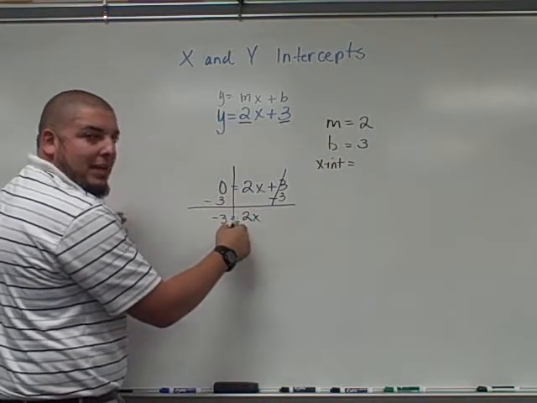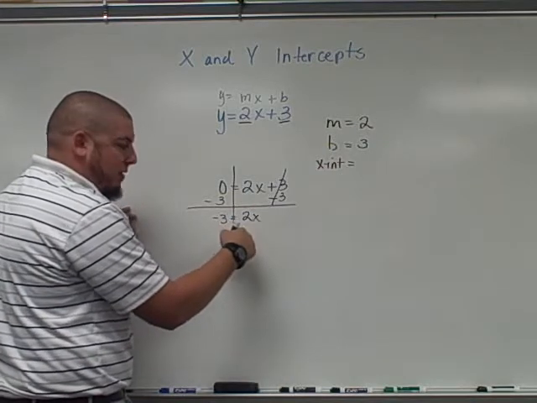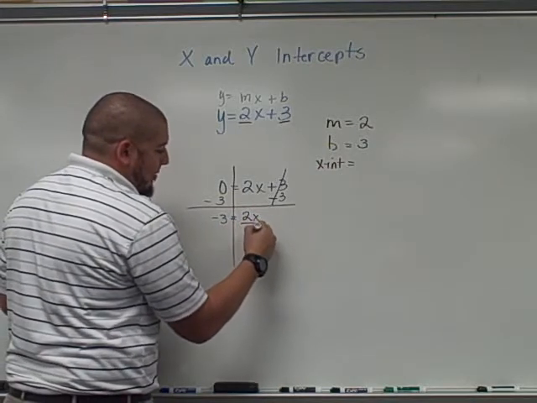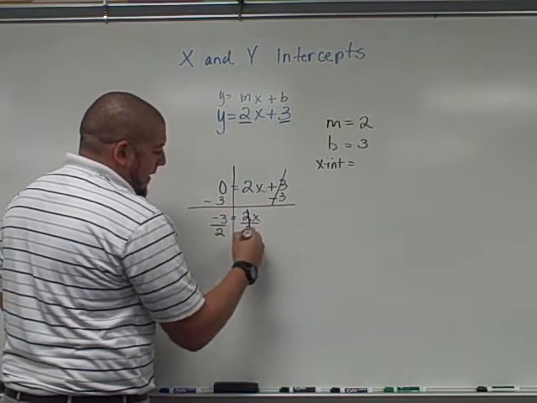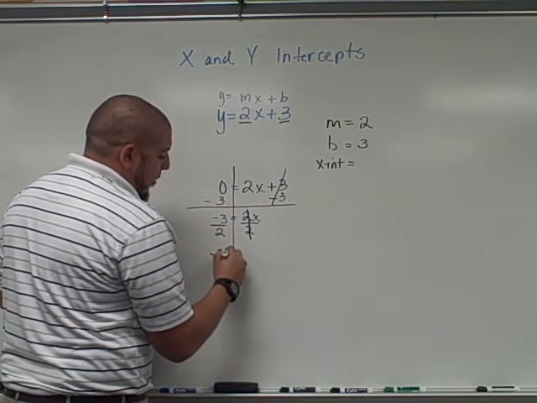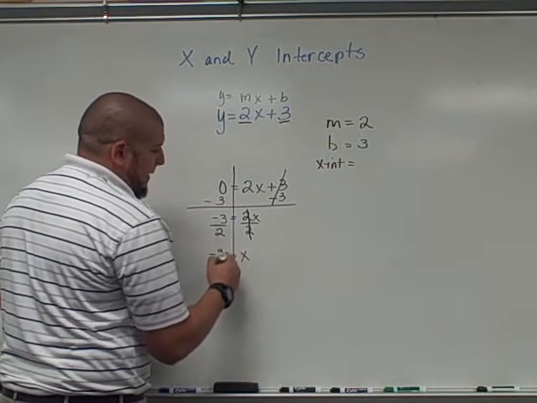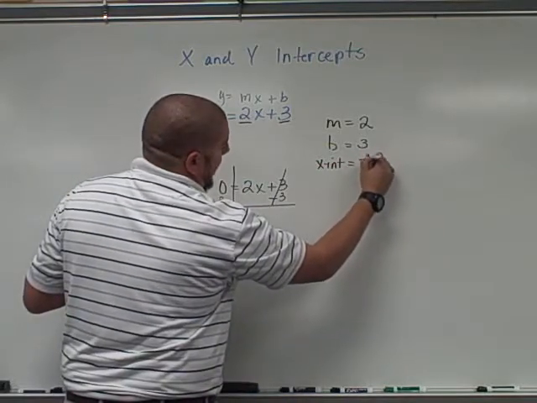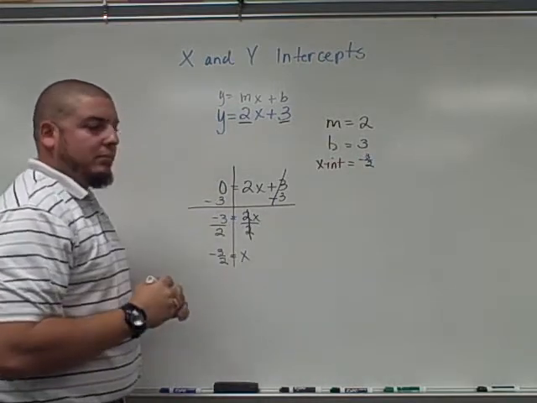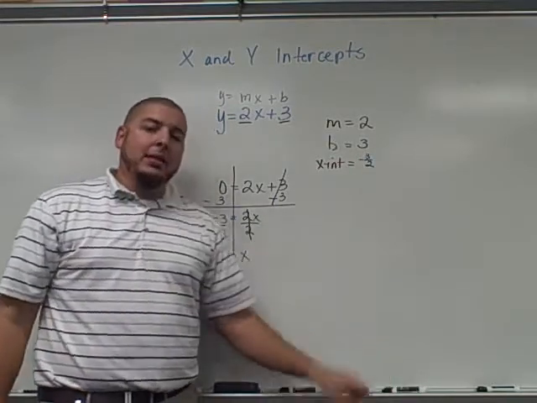This is being multiplied now, 2 times x. I've got to get rid of that 2. I'm going to divide both sides by 2. This is going to cancel. That's going to leave me with negative 3 over 2 equals x. So my x-intercept is negative 3 over 2, or negative 1.5.